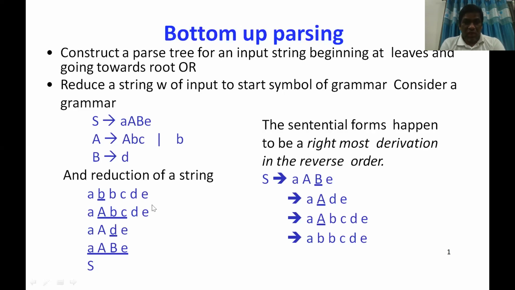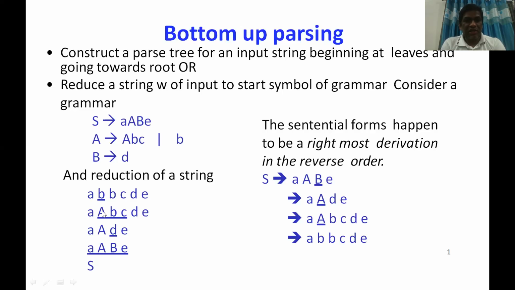Now, if you observe this in reverse order, it is like deriving the string using rightmost derivation in reverse order. See this. If you start at S, then S can be replaced by a A e. And then the rightmost variable is B, so B is replaced by d. And then capital A is replaced by capital A b c.